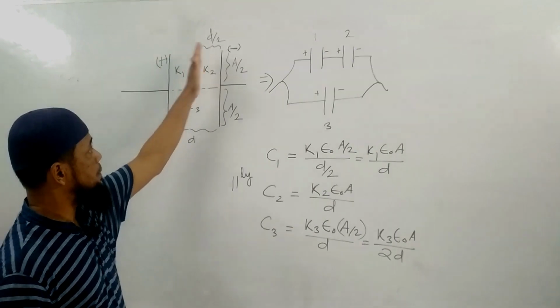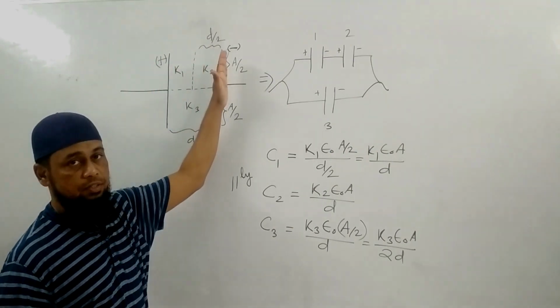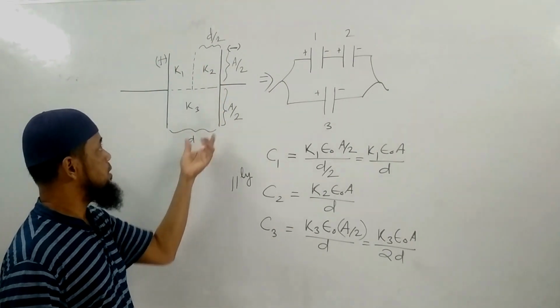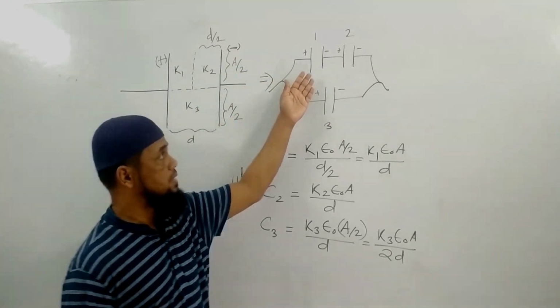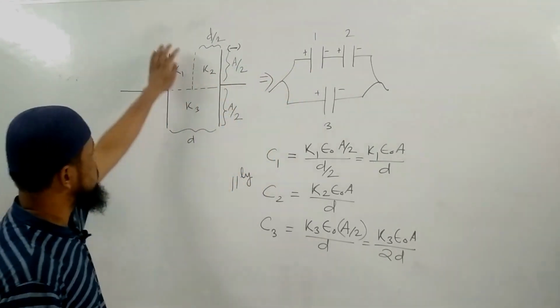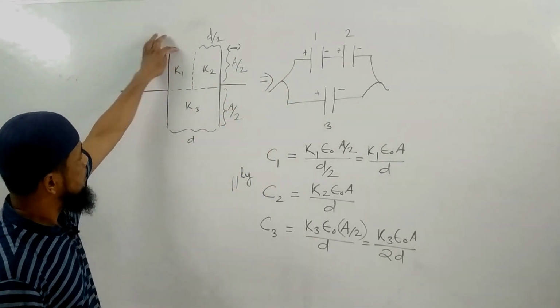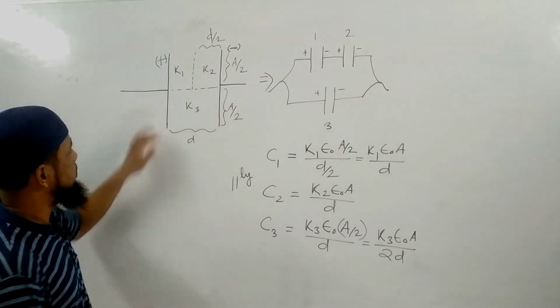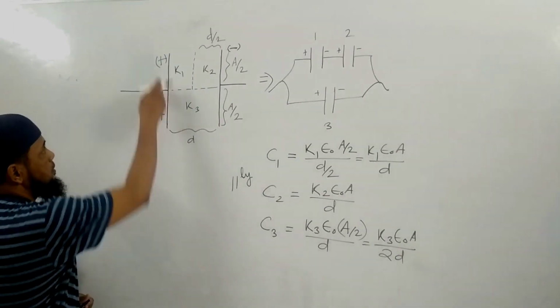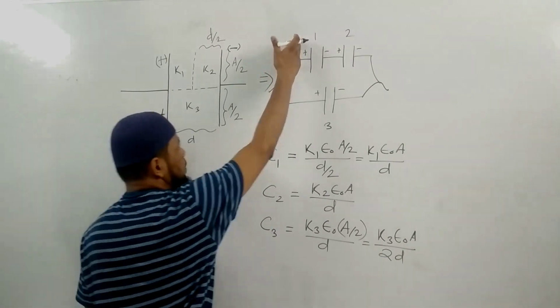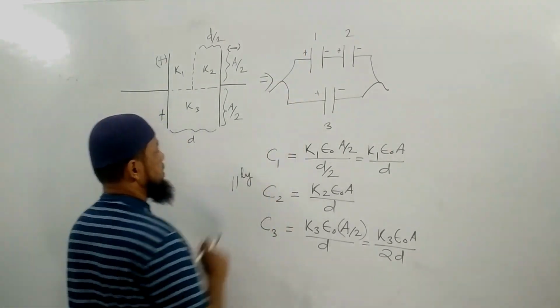Then these two capacitors will be in series and the third will be in parallel with these two, as shown in this diagram. Why? Because if I call it 1, the positive of 1 and the positive of 3 are connected.